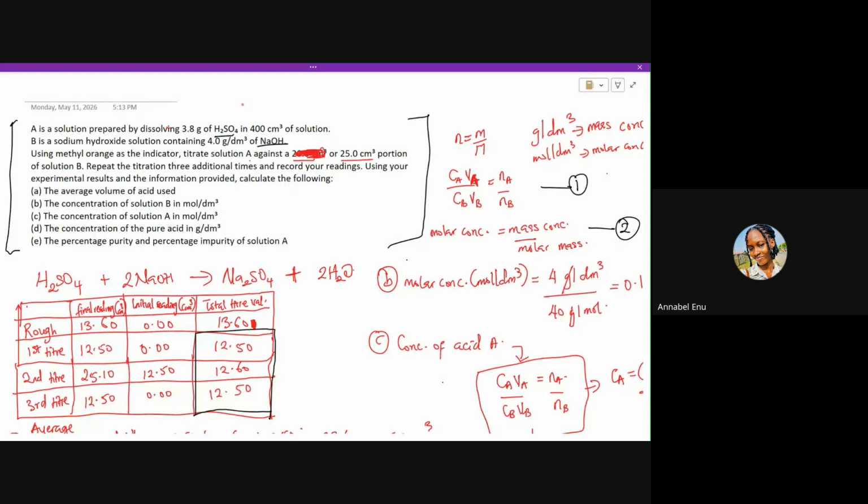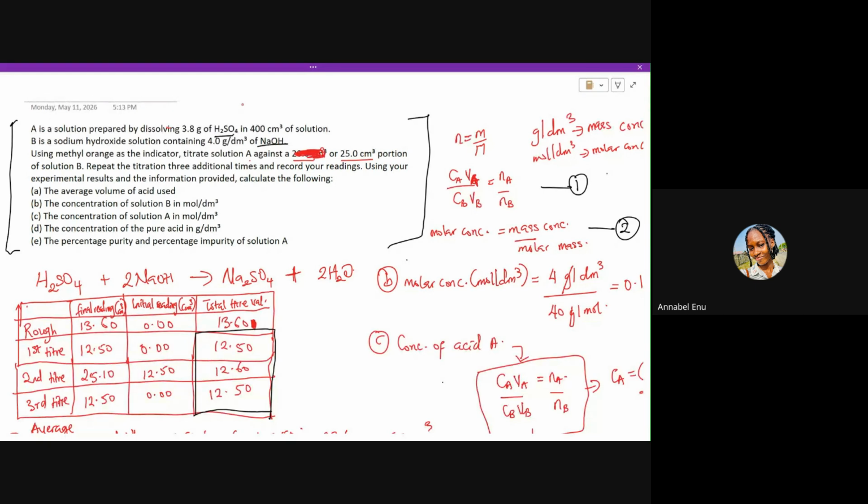That's the pure acid, now in 400 centimeters cube of solution. All the titration process we have been going through, they are already in solution, so they are not purely or 100% just the acid. So the value from the question, in the process of dissolving, is what will give us our pure value for acid.